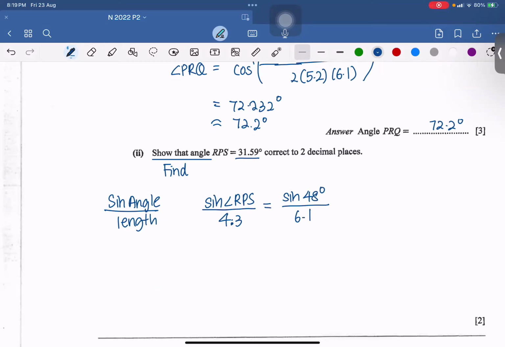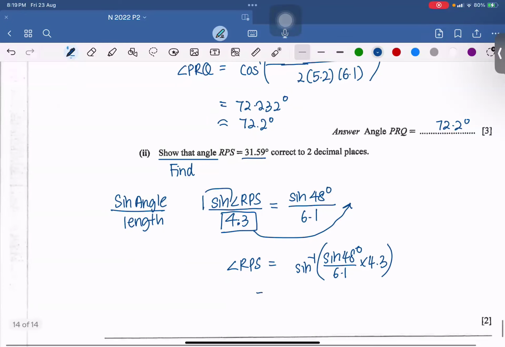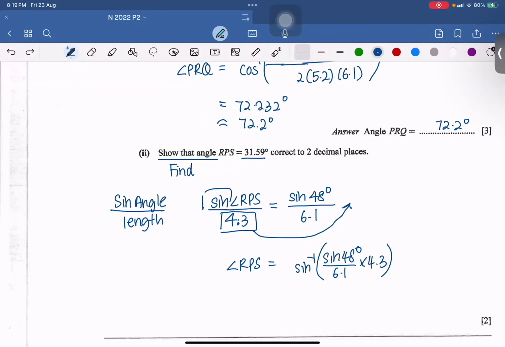Then what I need to do, I will need to multiply the number away, then sine inverse. Then calculate your answer. Question says give your answer correct to 2 decimal places.